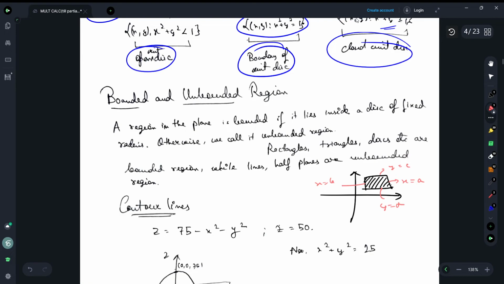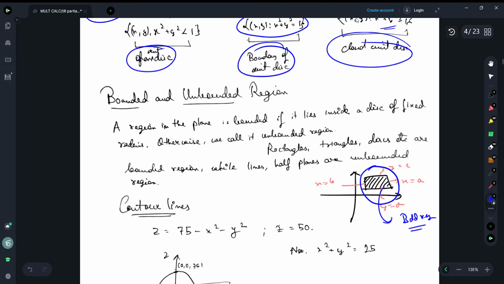So this is basically a rectangular region. Is it clear? Now for this particular region, you can always form a disk of fixed radius which will completely contain this region. So this becomes a bounded region.